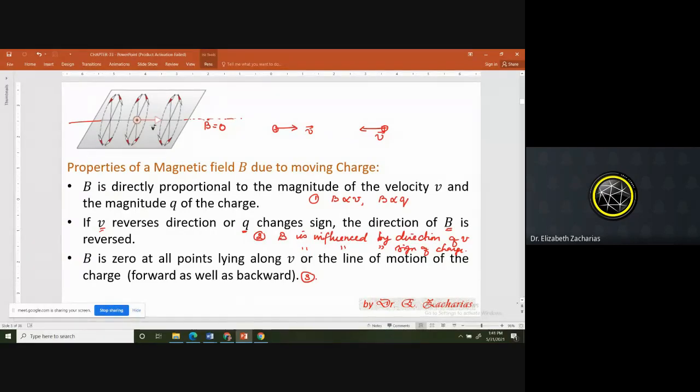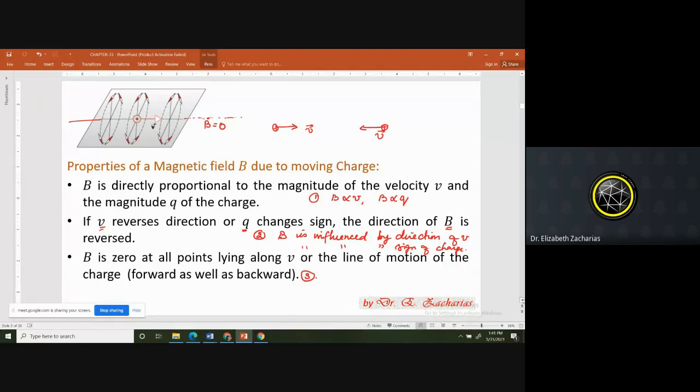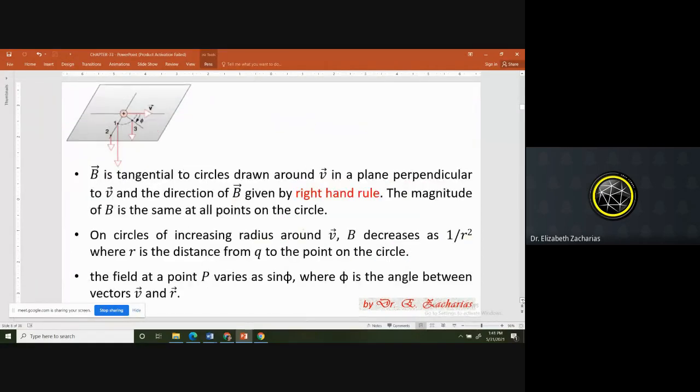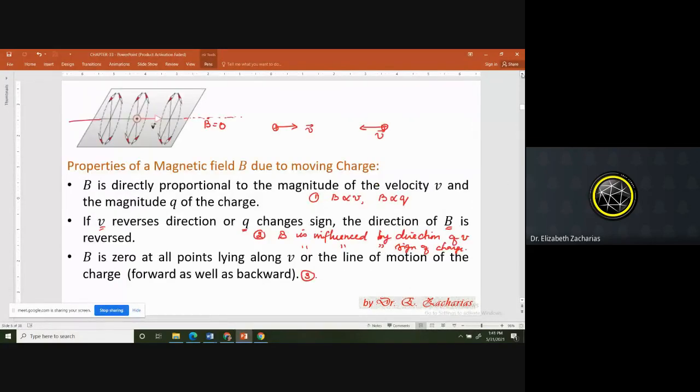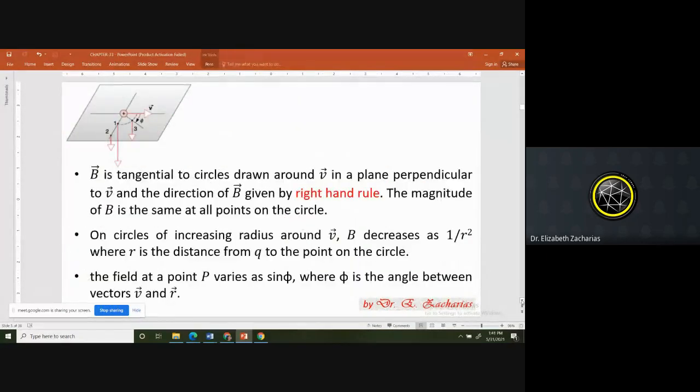Then let's go ahead and see if there is something more. Another very interesting thing that you're noticing is, let me just copy this picture and take it to the next page also. This is the line of motion of the charge.